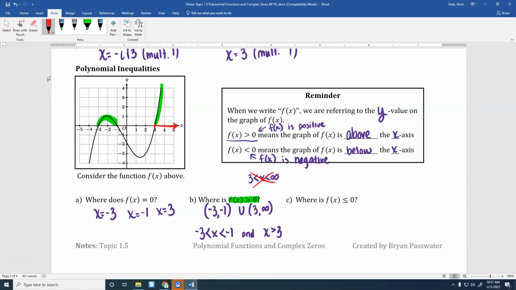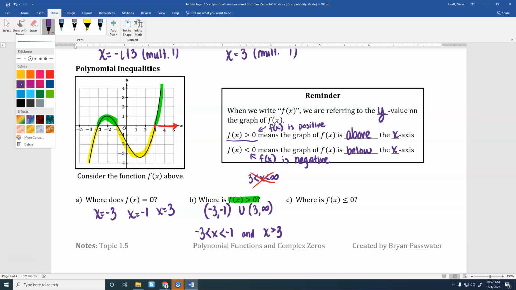But for C, they asked me for where f of x is less than or equal to 0. So this time, x can equal 0, and I would need to use the brackets. Less than or equal to 0 is the places where my graph is below the x-axis.